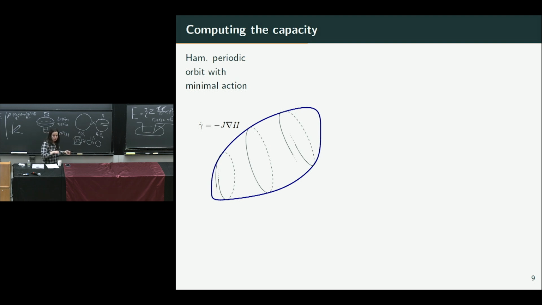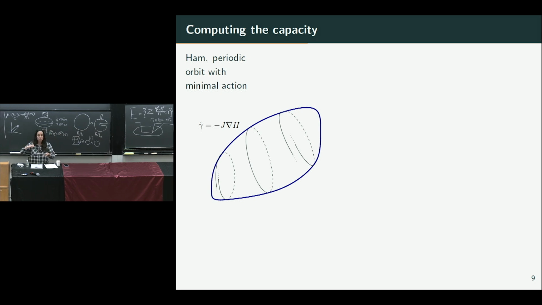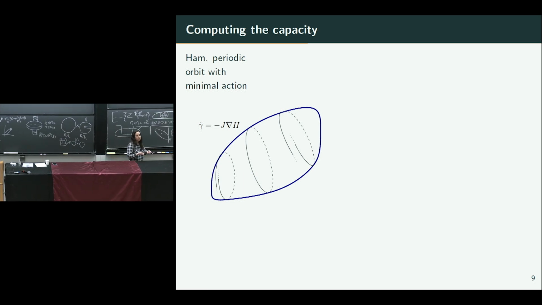It's not continuous in general, but for convex domains, from monotonicity and homogeneity, one has that it's continuous. So it's defined even in the non-smooth case, simply by taking the supremum over smooth domains inside. But this is not a very convenient quantity to work with.